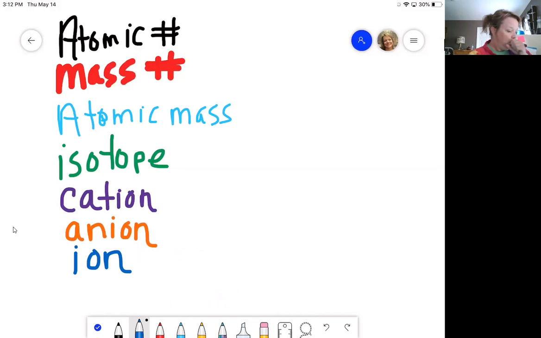Atomic number. Atomic number is, I don't know if it's the most important, I guess it is. It's how the entire periodic table is arranged. It's what identifies the element.